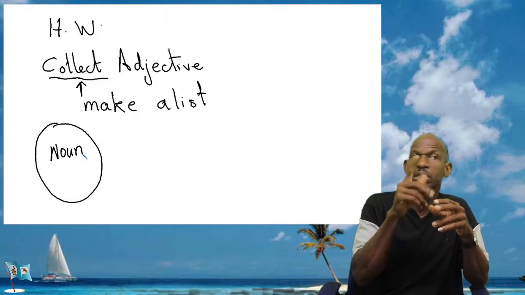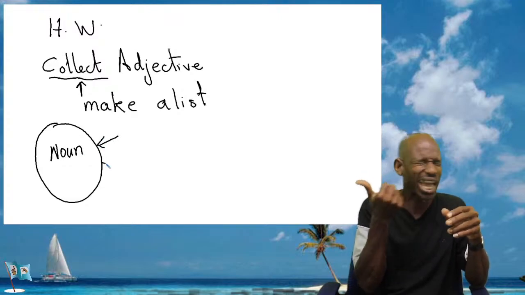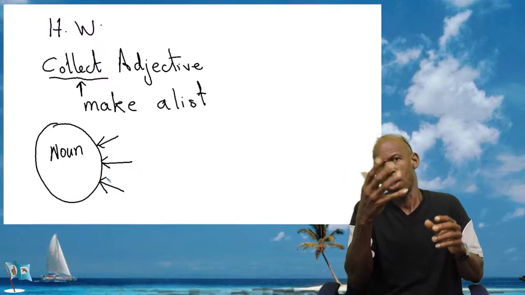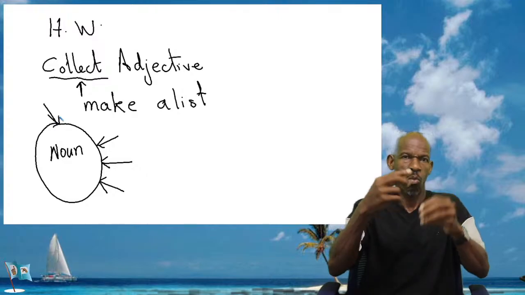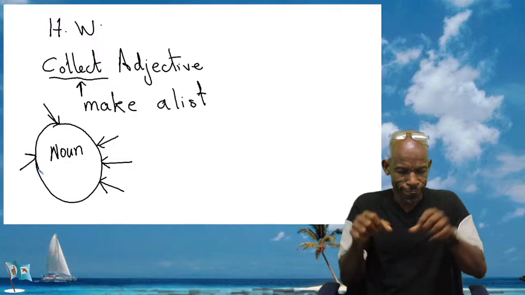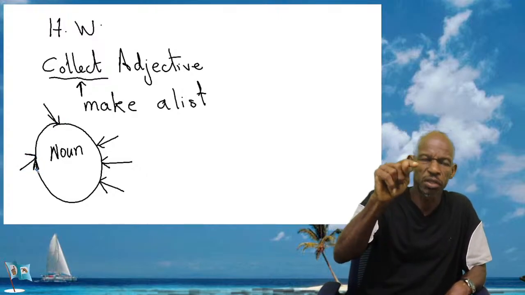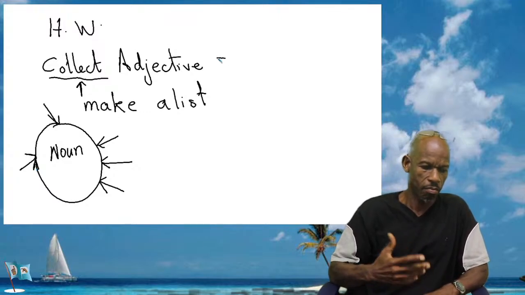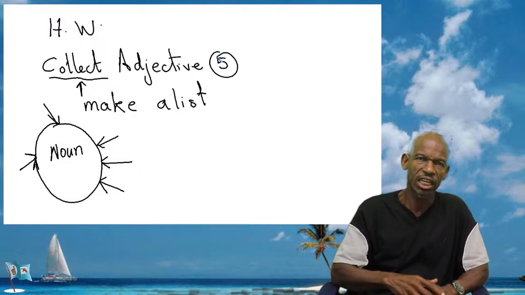But with that noun, I want you to try and find at least 5 adjectives. So you're going to find 5 adjectives for that noun that you get. So I want 5 for that noun.